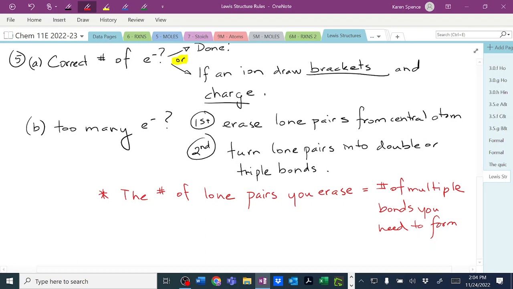And we will get to what happens if we have too few electrons, but not today. So I'm not going to bother writing it down today.